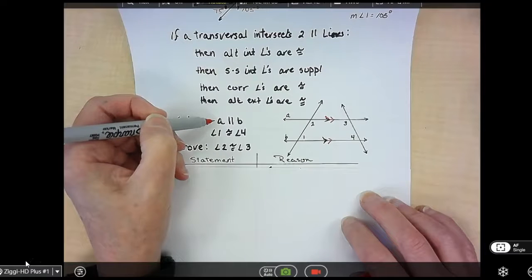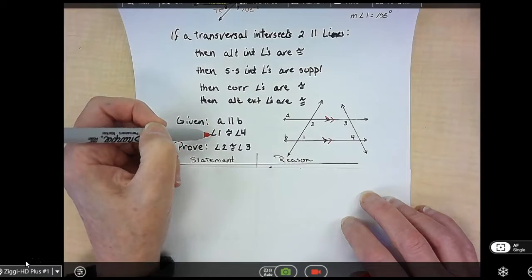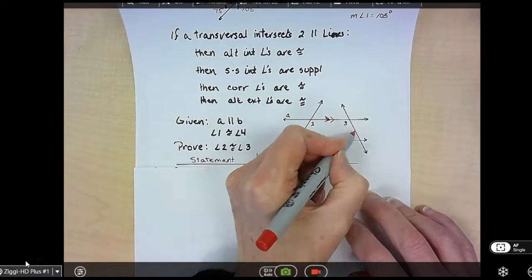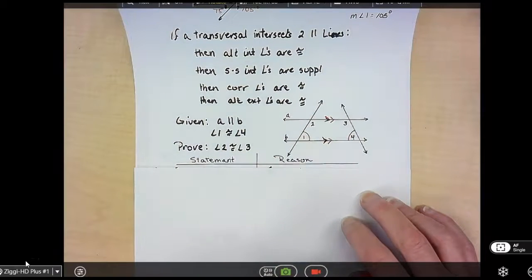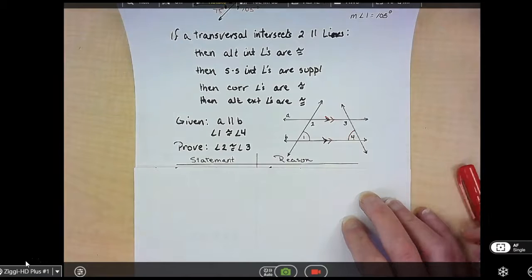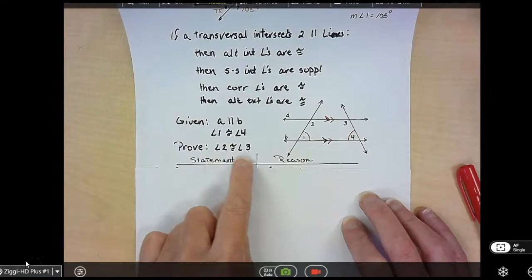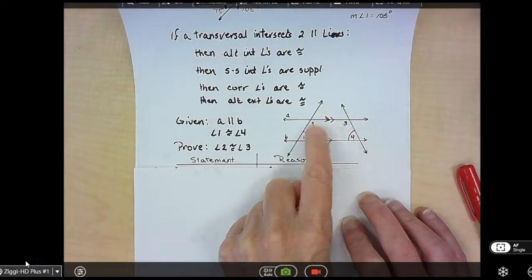That's going to give us a bunch of information. Angle 1 is congruent to angle 4. So we mark those being congruent. And we are asked to prove angle 2 is congruent to angle 3.